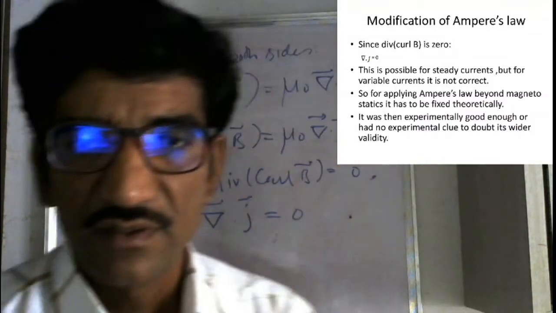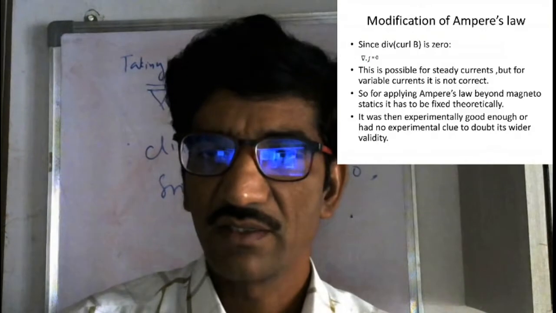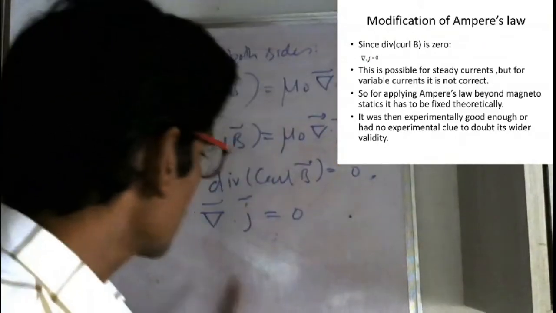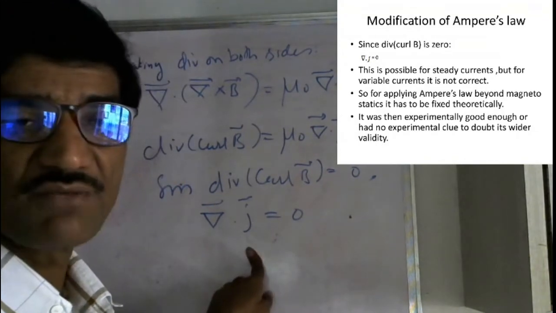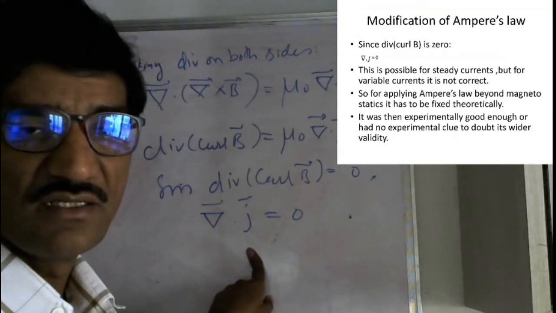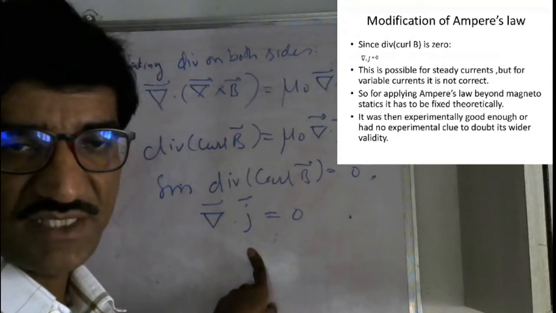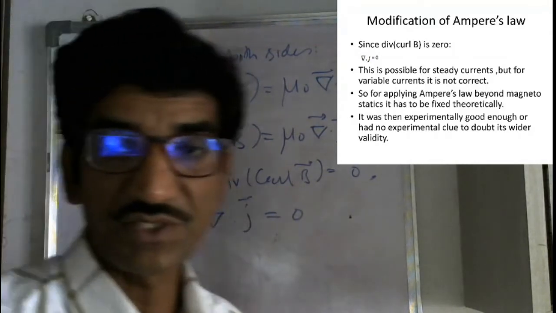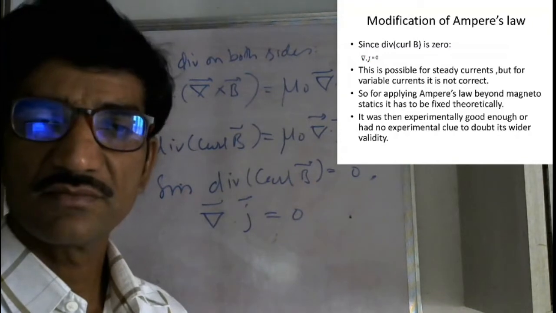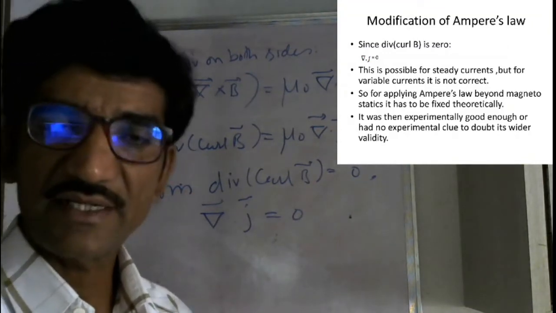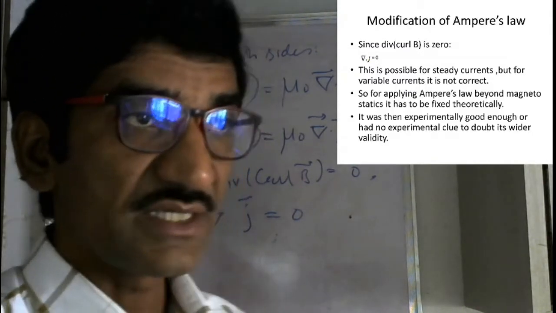But here we see some problem. This is not always true. It is only true when J refers to a steady current, because it is constant and then the differentiation will be 0. But there is no need that current density is always steady.